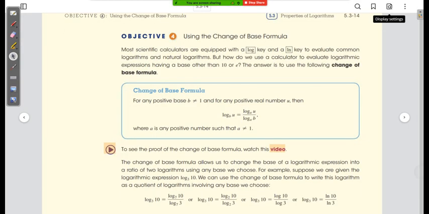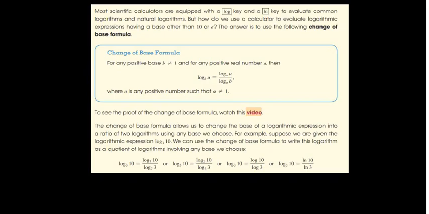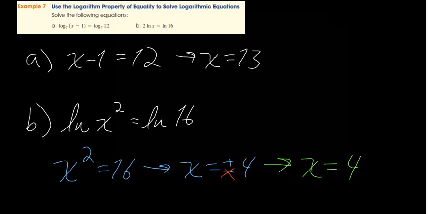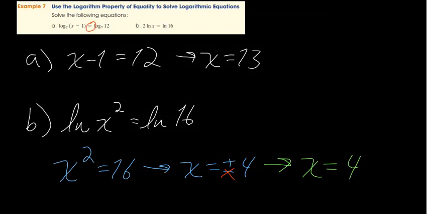Alrighty, so next up we're going to talk about the change of base. Changing the base is useful whenever you have two logarithms with different bases, because everything that we've done so far only works when we have the same base. For instance, we can only solve this particular problem because on both sides we have a log base 7.